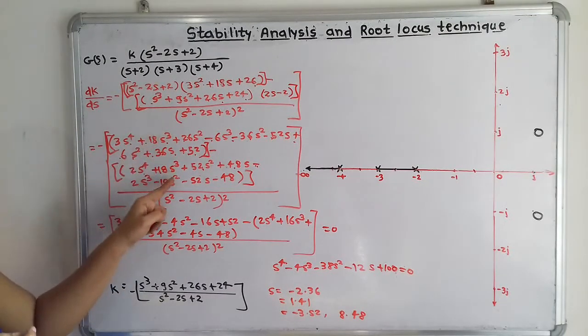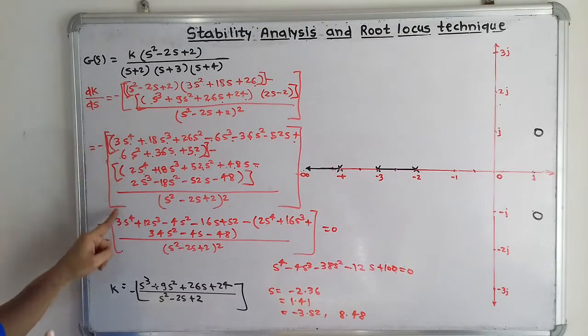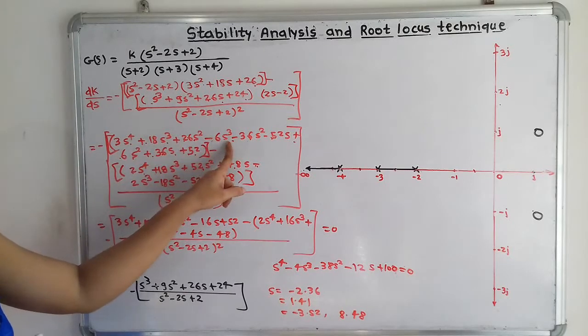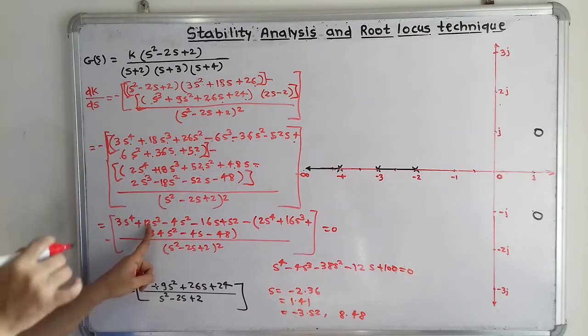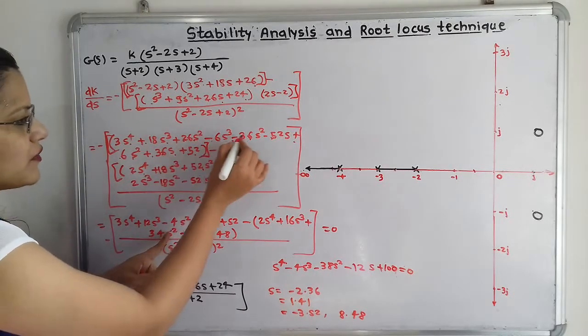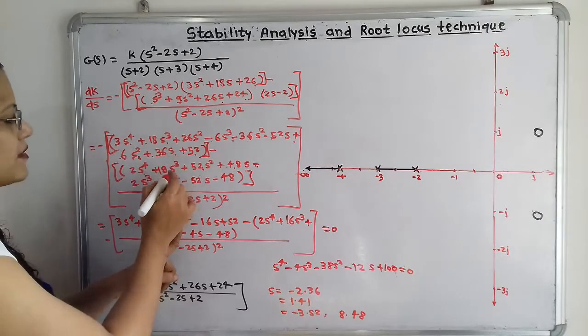Now again we will simplify these two brackets. Here only the 3s raised to 4 term is there. Now 18s cube minus 6s cube is 12s cube. Then for the square terms, 26s square minus 36s square plus 6s square is minus 4s square.